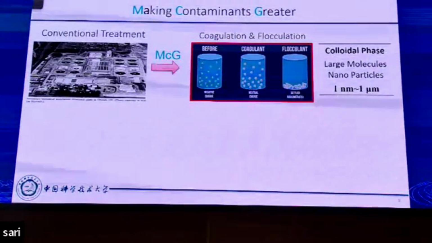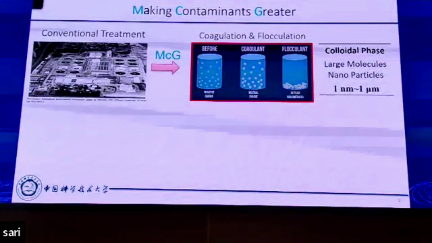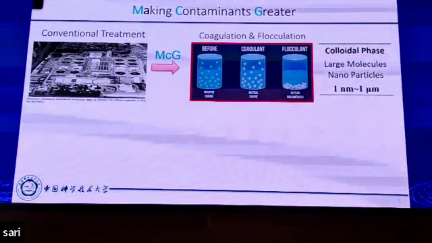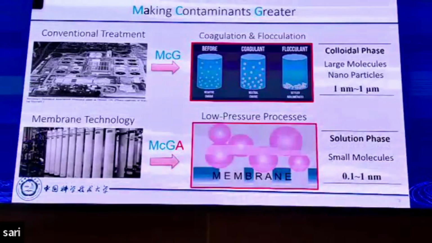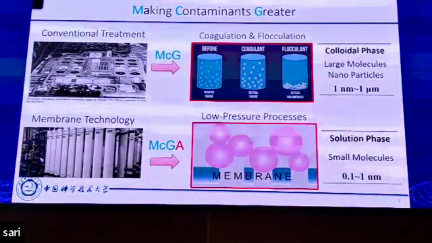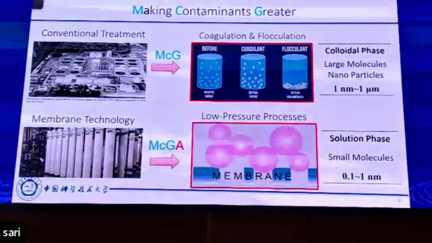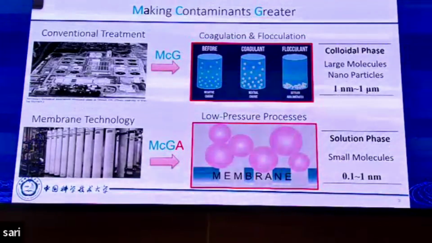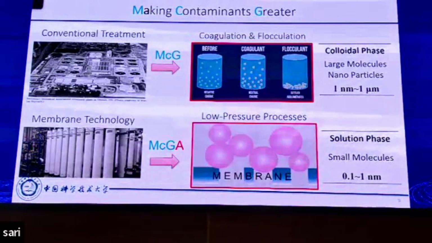Most of this phase is made of large molecules or nanoparticles with a size range from 1 nanometer to 1 micrometer. Now we want to switch membrane technologies from a high pressure system to a low pressure system, so we are able to remove these emerging contaminants, because most of them are small molecules with a size smaller than 1 nanometer.